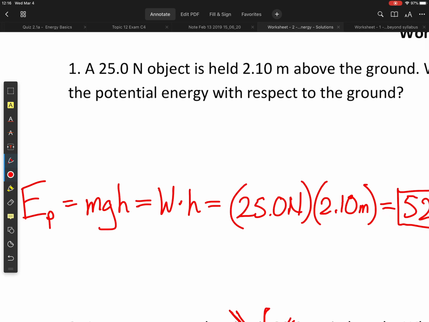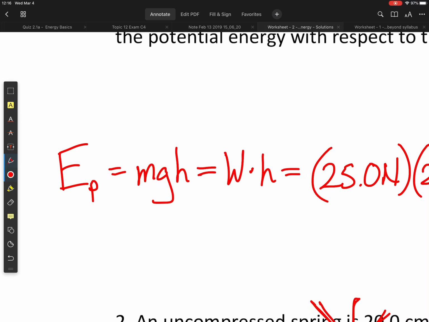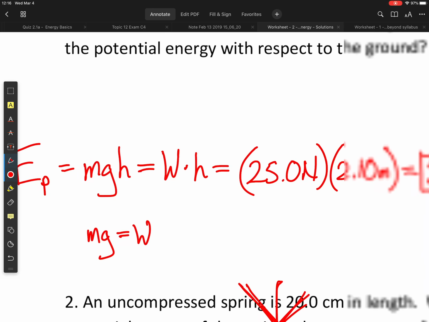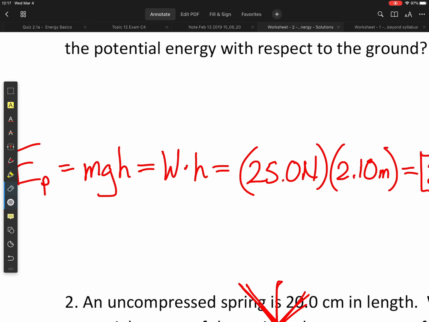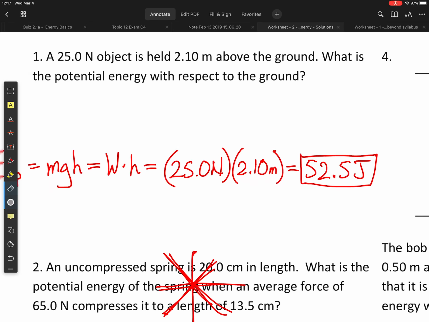So our setup looks like this, where potential energy is equal to mass times gravitational acceleration times height, which is then equal to weight times height, because mg is our weight, as you can see there. We plug in our numbers, and we get 52.5 joules.